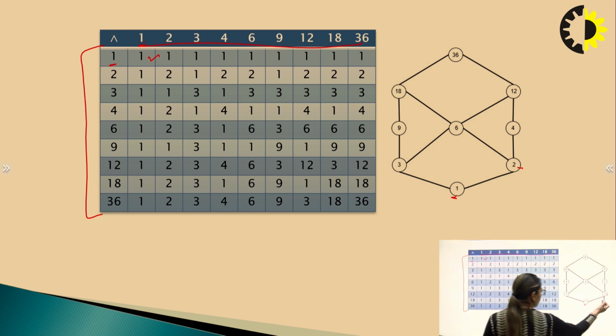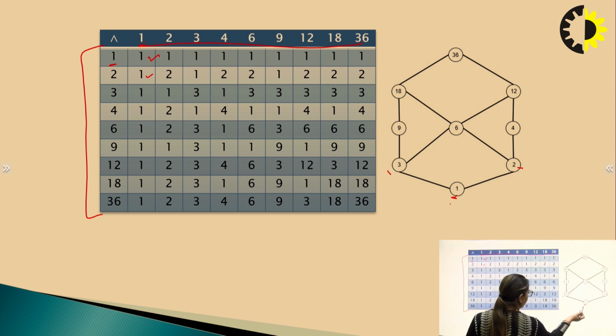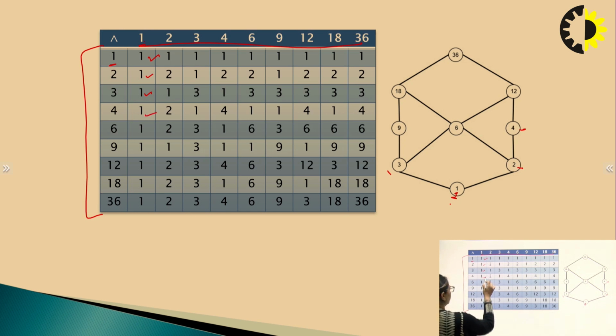On the lower side 1 is nearest, so we have taken 1 here. Similarly with 3 and 1, 1 is lower, so we have taken 1 here. Similarly with 4 and 1, this is the relation, and the lower bound is 1, right? So we have calculated this as 1.